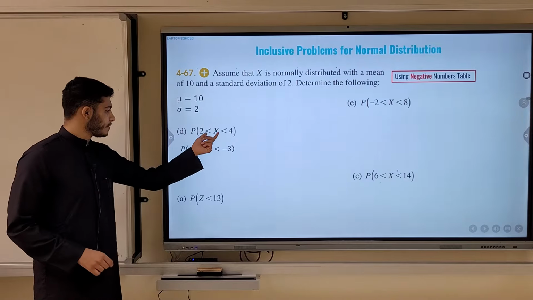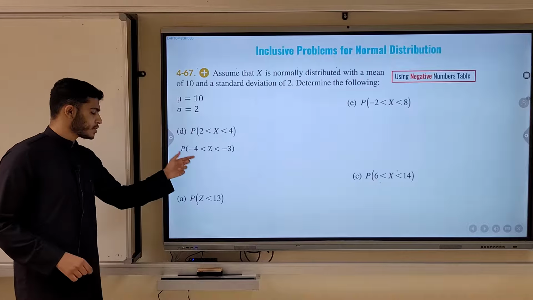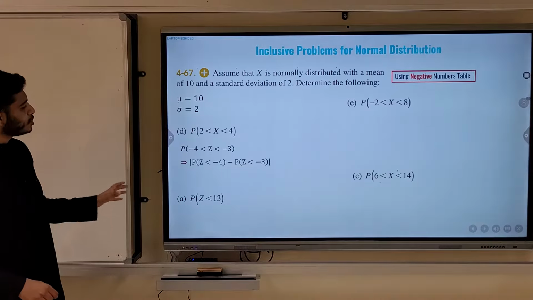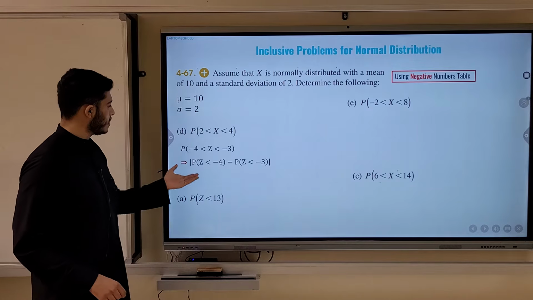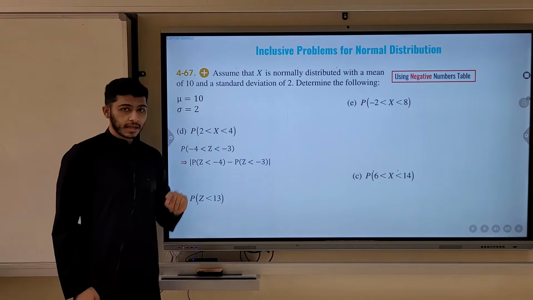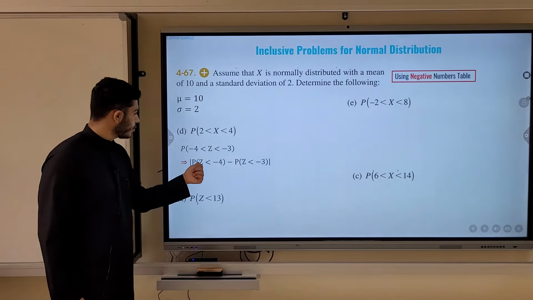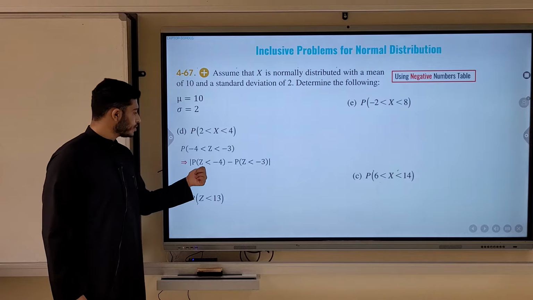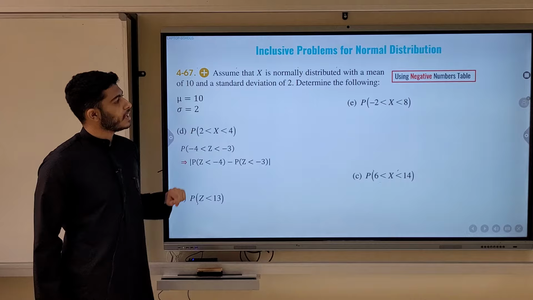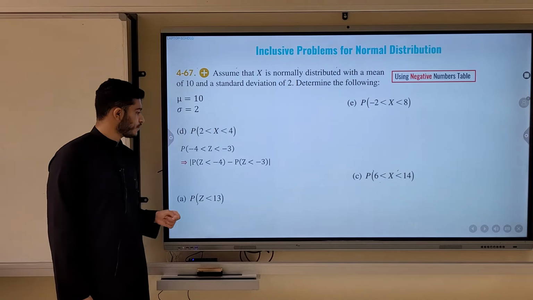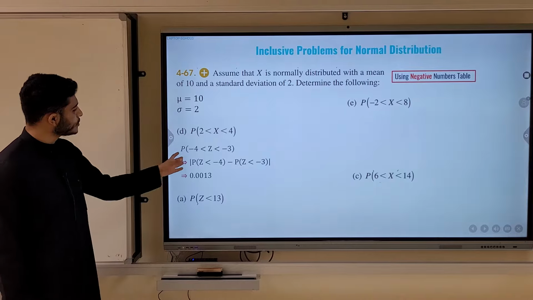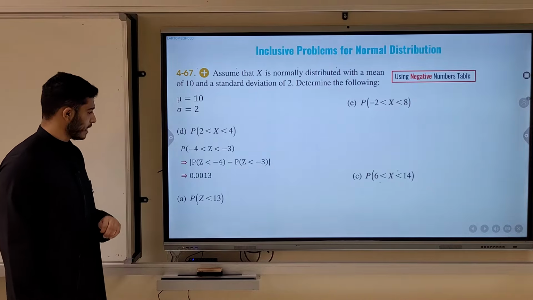We take the cumulative of the biggest number minus the cumulative of the smallest number, and we should end up with this here, so we can evaluate it. By the way, we are using the negative numbers table. So when we look at this expression, it's cumulative, and the sign matches the sign in the table, which is the negative number, the one that we are using. Same goes for this one also. So finding this would be quite easy, straightforward in the table.